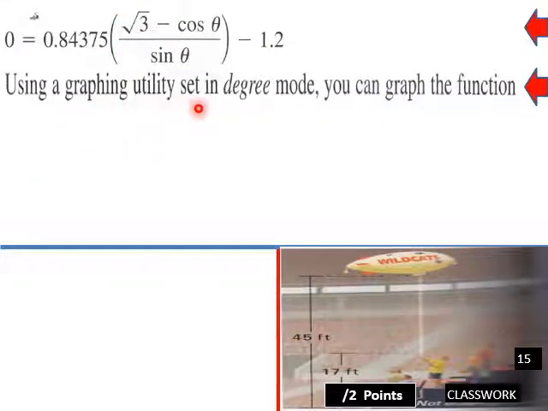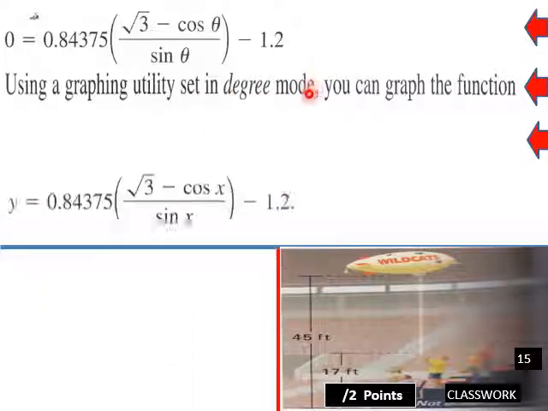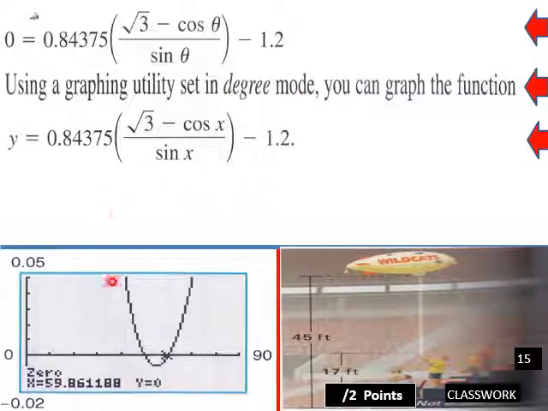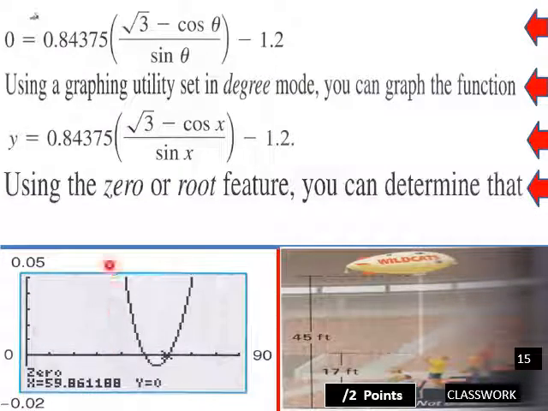Using a graphing calculator set in degree mode, you can graph the function. So when you graph this, y equals 0.84375 multiplied by square root of 3 minus cosine x over sine x, minus 1.2, and you get this. This is a 0 here, for this number, 59.86188.